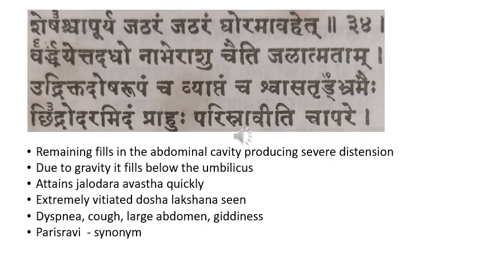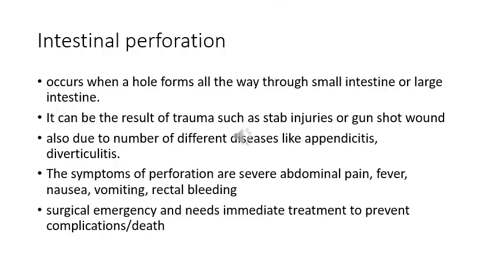So this is related to the intestinal condition called intestinal perforation. There are many causes of intestinal perforation in modern science. Intestinal perforation occurs when a hole forms all the way through the small intestine or large intestine, due to trauma like stab injuries or gunshot wounds, some external factors like that, or due to different diseases or internal factors like appendicitis or diverticulitis, with inflammatory changes producing a tear in the intestinal walls.